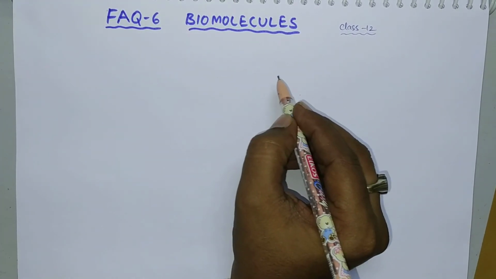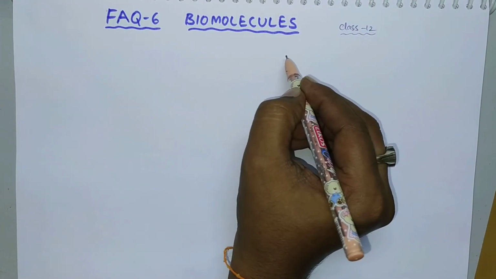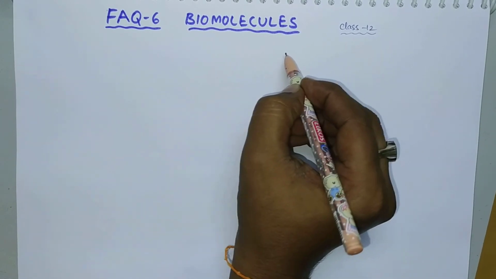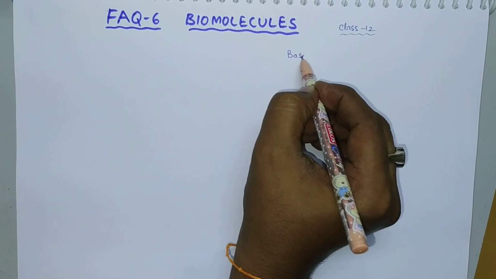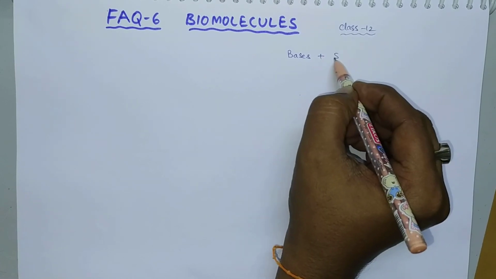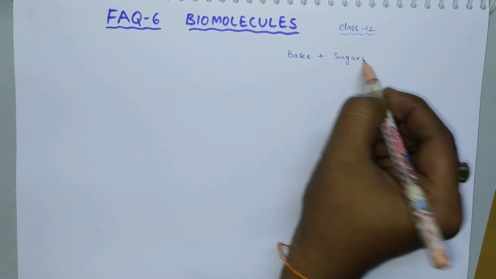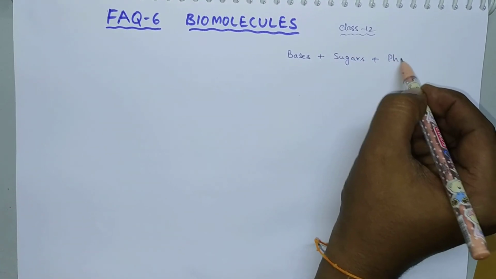In these nucleic acids, DNA and RNA consist of some bases, and also sugars and phosphoric acid.